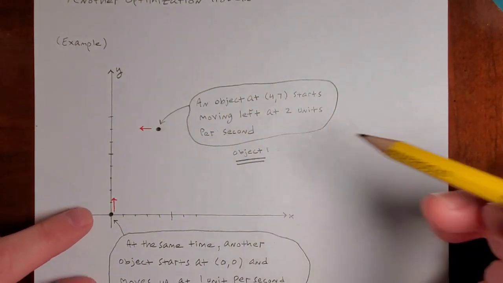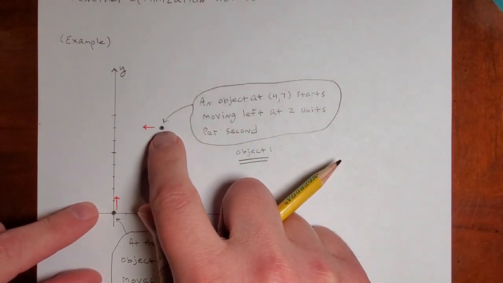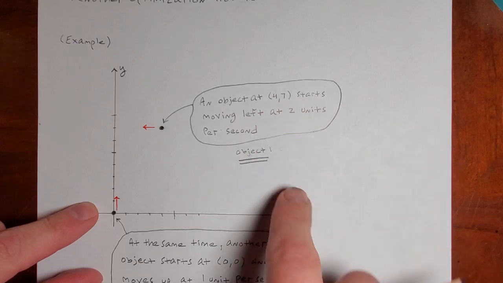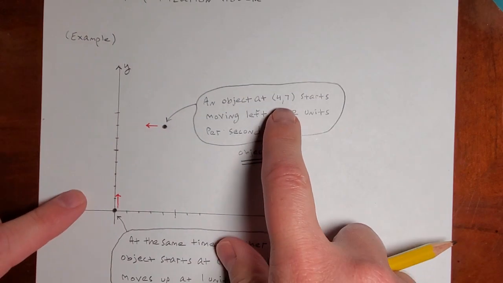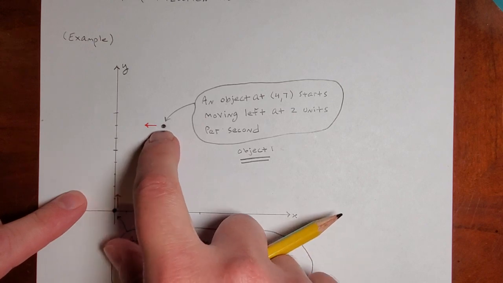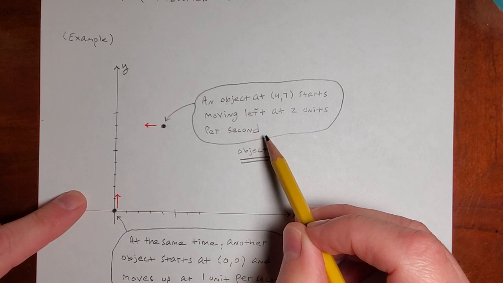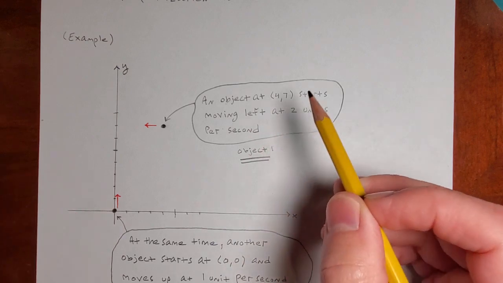So imagine a scenario like this. There's an object right here at that point, okay? That point is, on the xy plane, 4 for x and 7 for y. And suppose that the object that's there starts moving directly to the left at 2 units per second. So what's that mean?